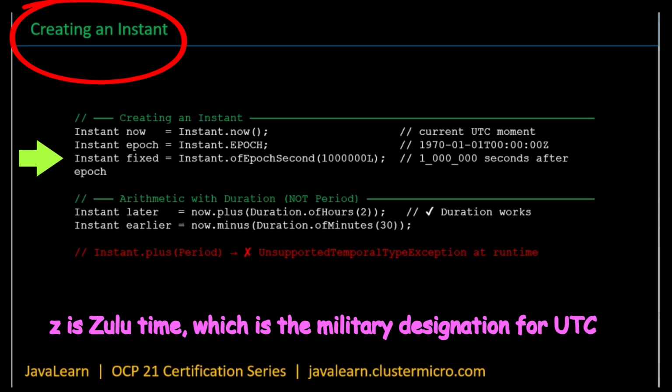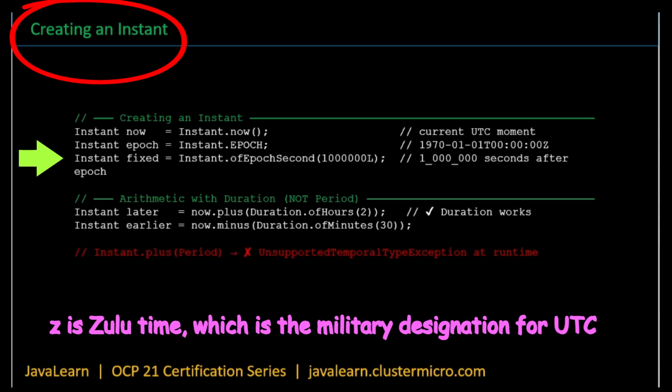Okay, so this is useful as a reference point or as a baseline for calculations. The exam occasionally uses Instant.EPOCH in questions to test whether you know what it represents. Okay, and the third line is Instant fixed = Instant.ofEpochSecond(1_000_000L). So ofEpochSecond is a factory method that creates an Instant from a specific number of seconds after the epoch.